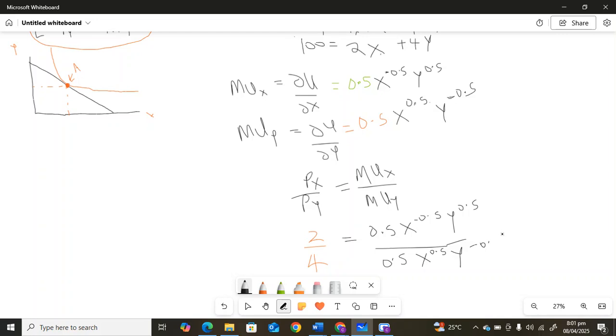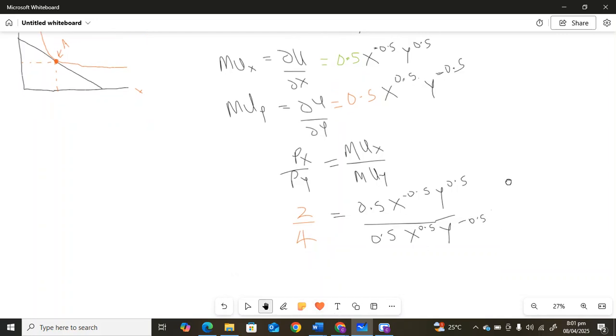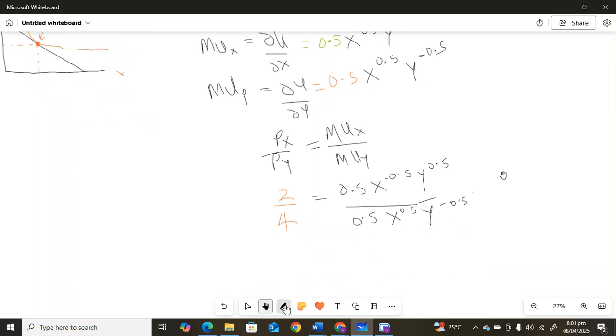As I said, we need to simplify. Now, there are many ways we can do this. First thing, we can cross out these 0.5s here.